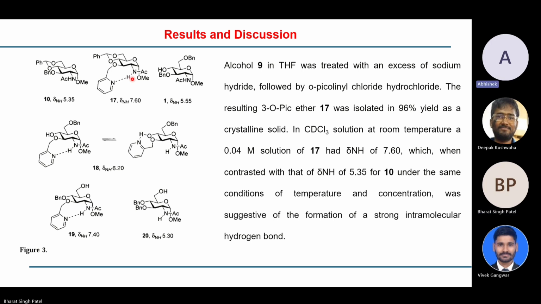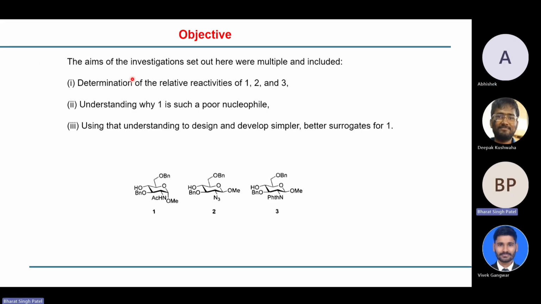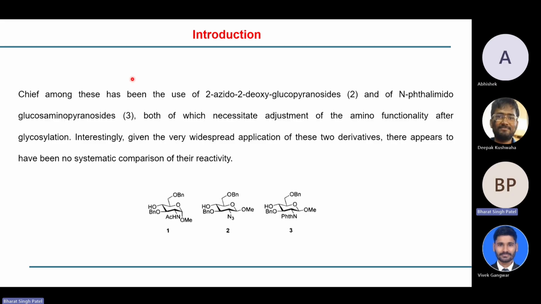And the second question: C2 N3 and phthalimide are working fine, so why are they putting more effort toward this NHAc? The thing is, after doing the glycosylation reaction with N3 and phthalimide, we have to again adjust this amine functionality by altering these groups.